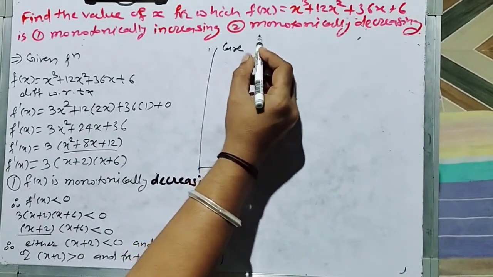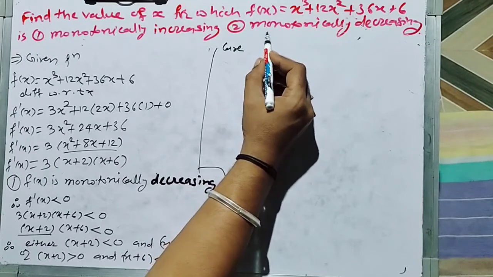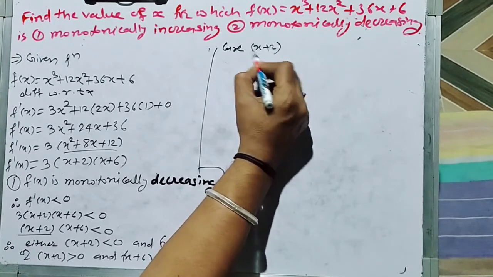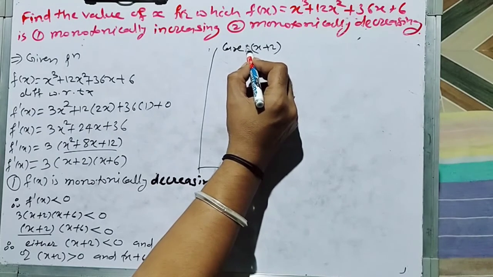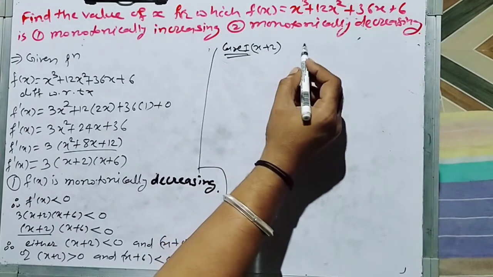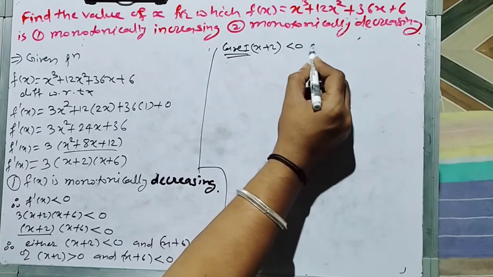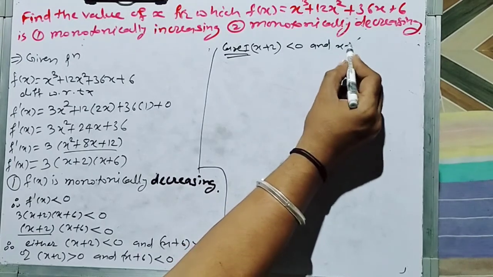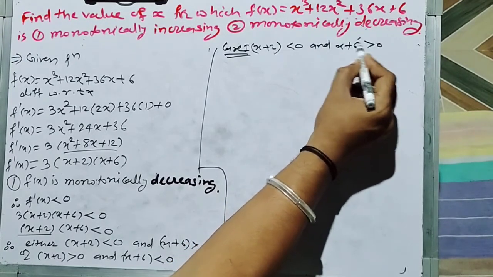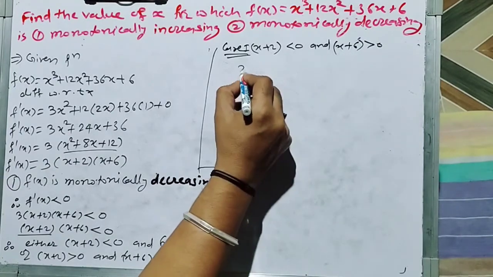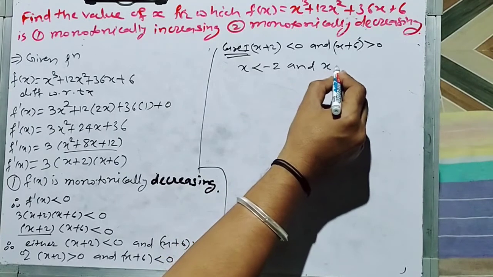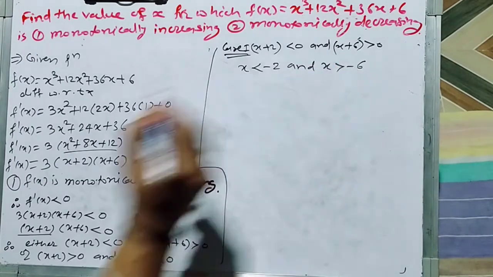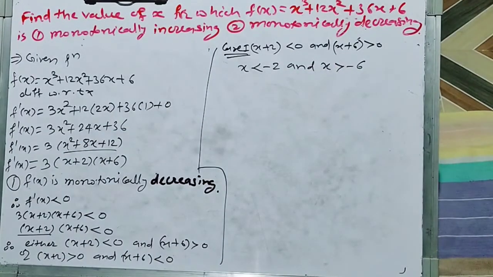So case first one: whenever x plus 2 is less than 0 and x plus 6 is greater than 0, it means here x is less than minus 2 and x is greater than minus 6.